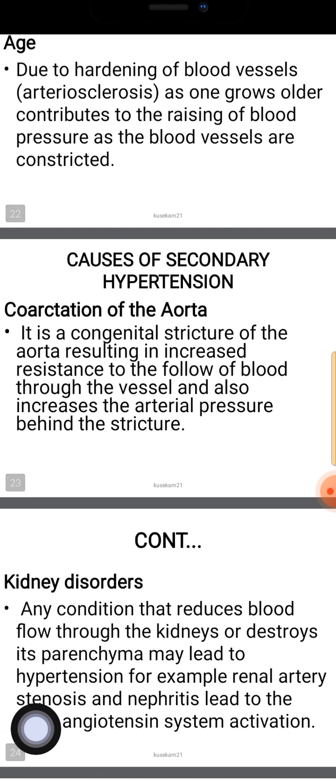Then also, atherosclerosis. This is the hardening of blood vessels. Atherosclerosis: athero means fat, sclerosis means hardening. So atherosclerosis is the accumulation of fat in a hardened vessel.